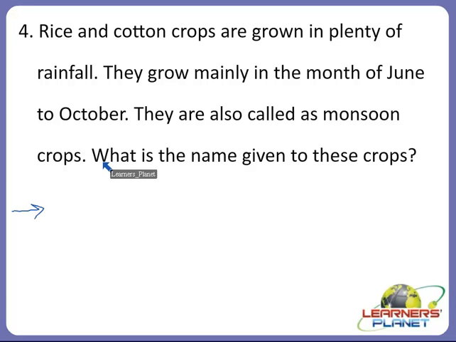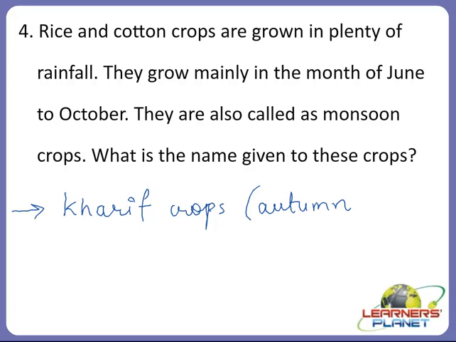And this crop name is actually in the Arabic language, which means autumn in English. So what is the name, children? Yes, the name of these crops is Kharif crops. Alright. So Kharif crops means the autumn crops, because they mainly grow in the season of autumn.